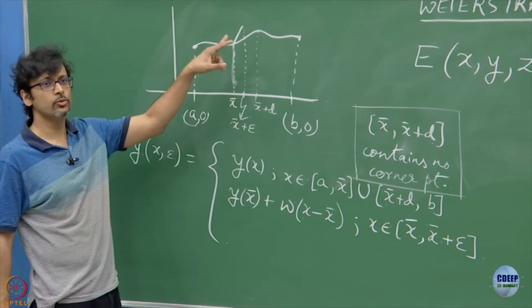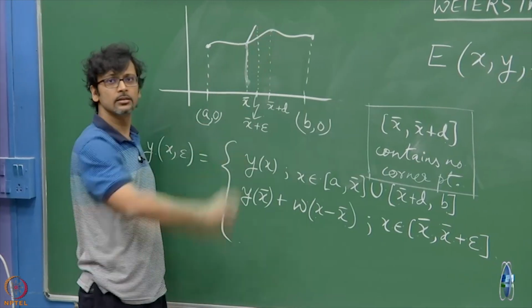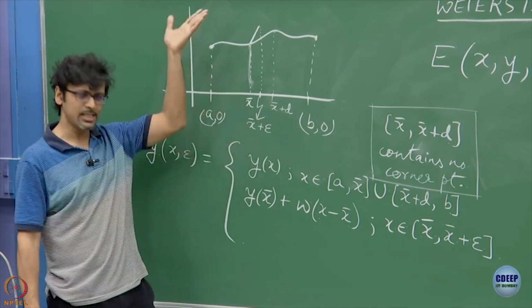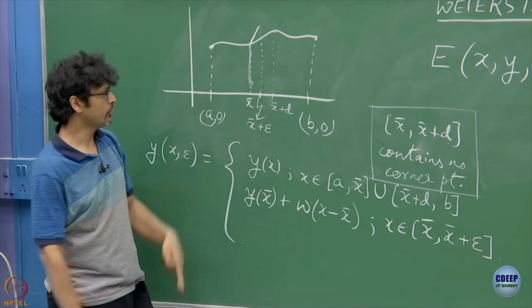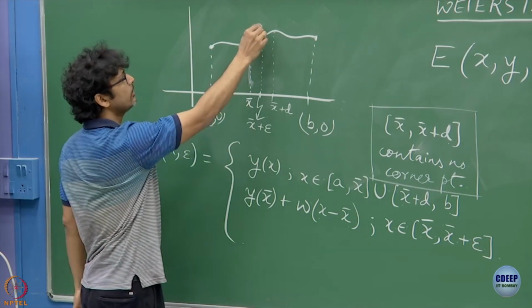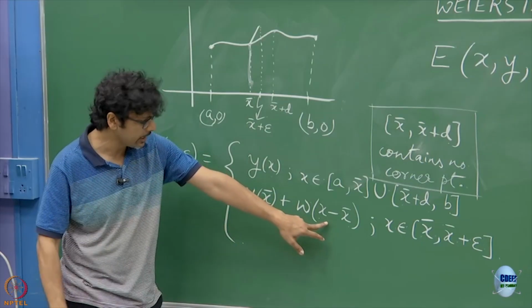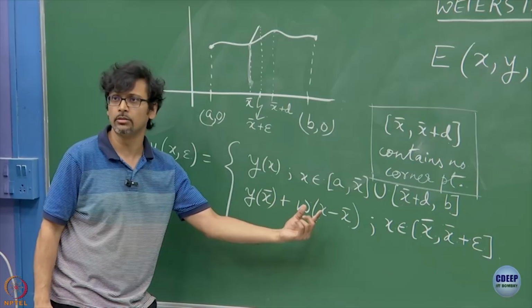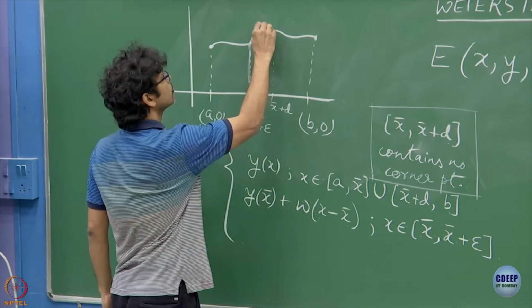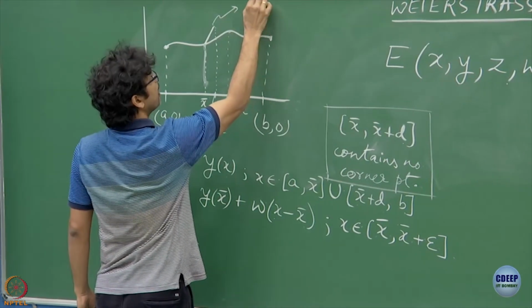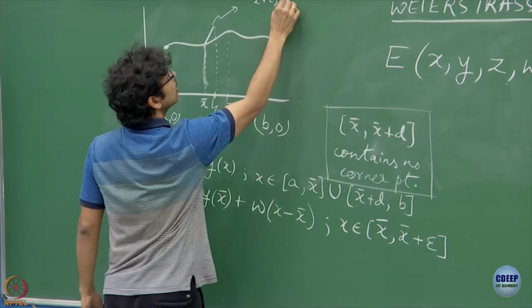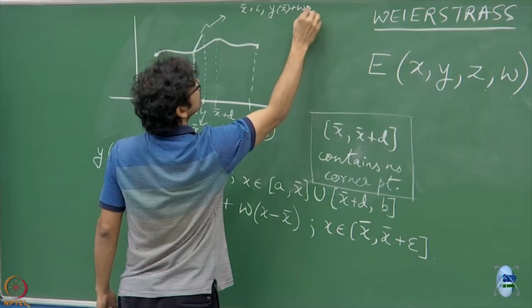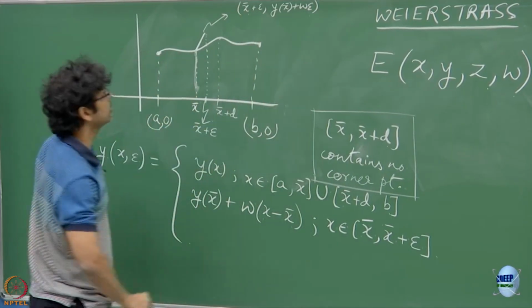So we're going to bring it back using a perturbation such that the perturbation is linear. So it is y plus some linear perturbation, which means that whatever value it attains here, if you just plug in x bar plus epsilon here, it is going to attain y of x bar plus w epsilon. So this point's coordinates will be x bar plus epsilon comma y of x bar plus w epsilon, right?